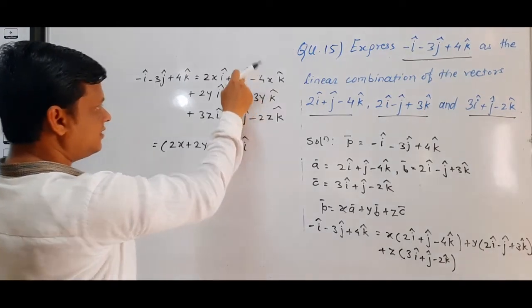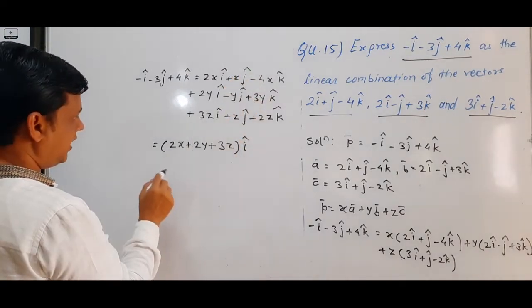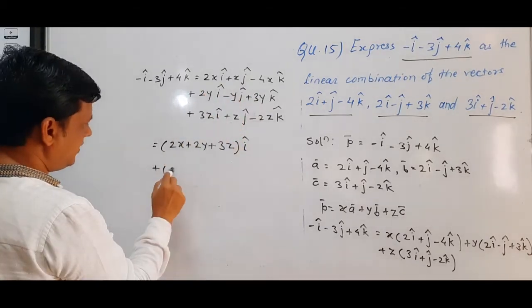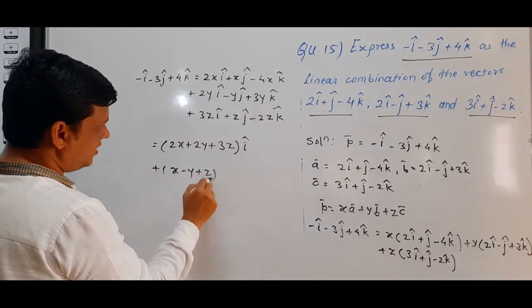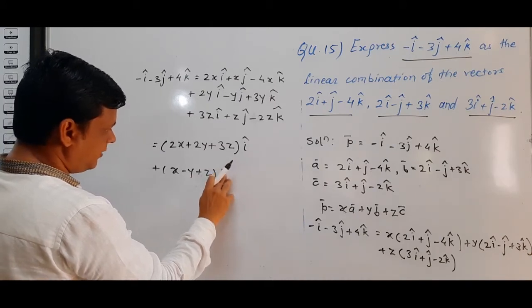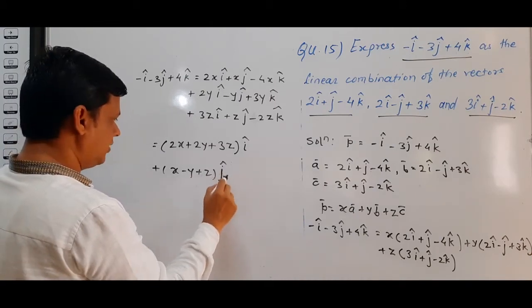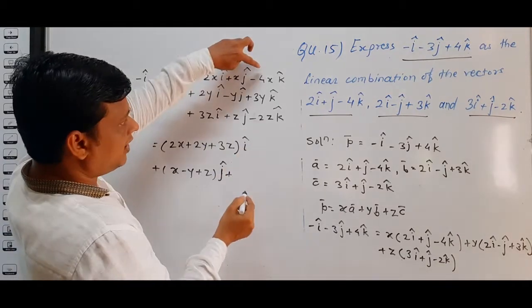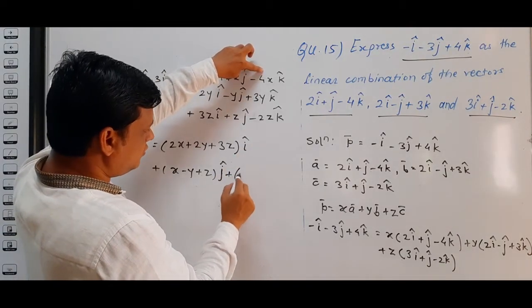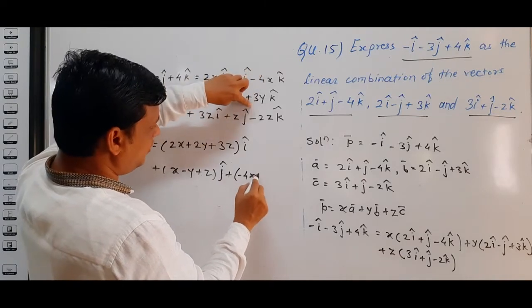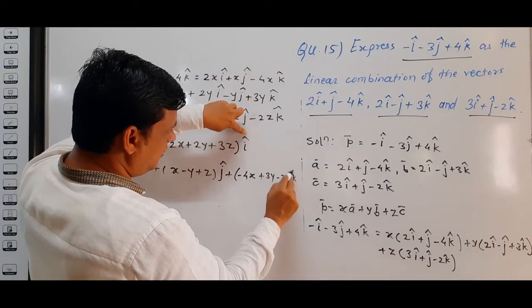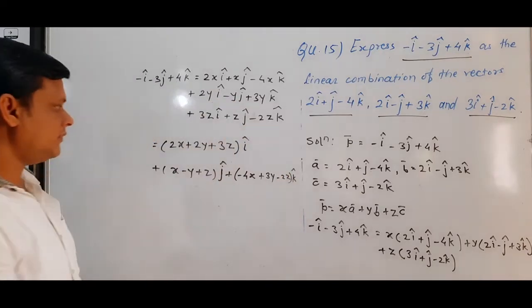Taking j unit vector common, we write in bracket (x - y + z) j cap. Similarly, plus we take k cap common, so in bracket we write (-4x + 3y - 2z) into k cap.